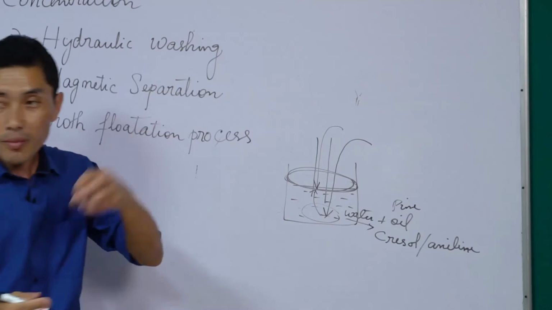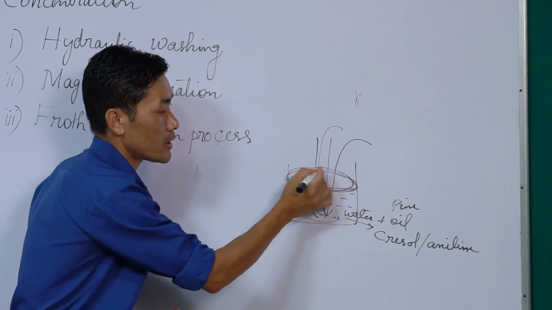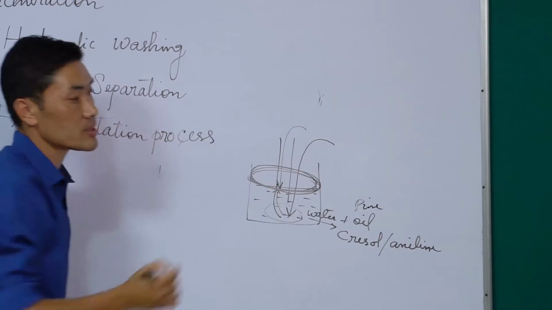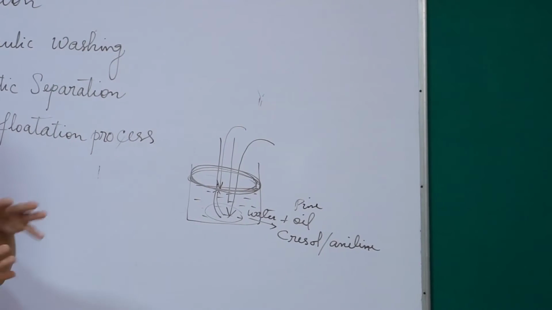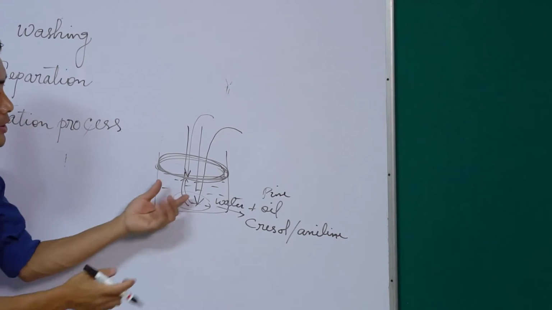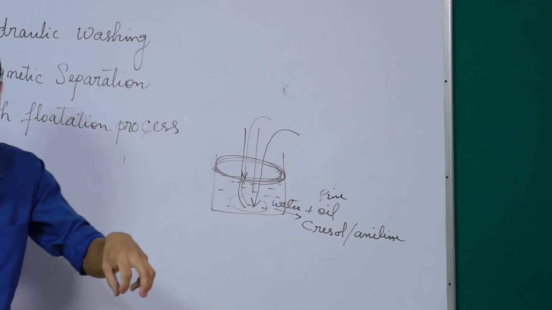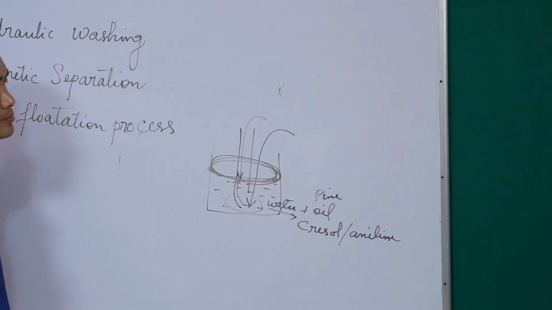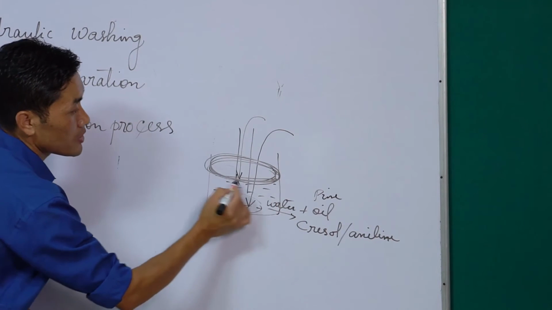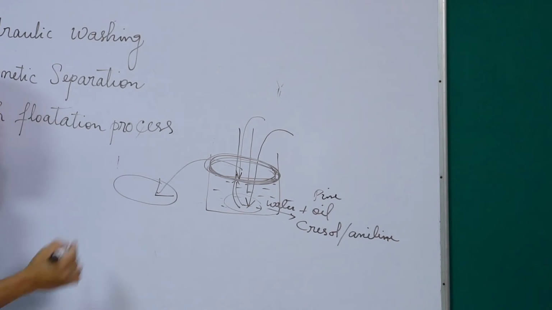And these oil particles will carry the sulfide ores along with them to the top, and this will form the froth on the surface of the water. The impurities, since they do not mix with the oil, will be left behind in the solution; they remain in the water. This froth can be skimmed off, and then it is allowed to subside to finally obtain the pure or concentrated ore.